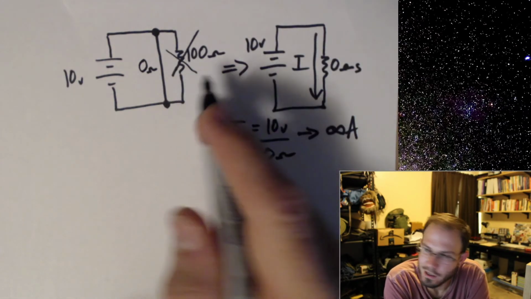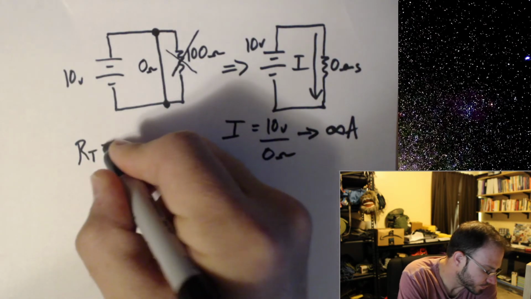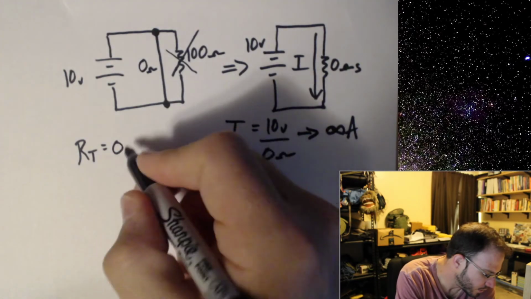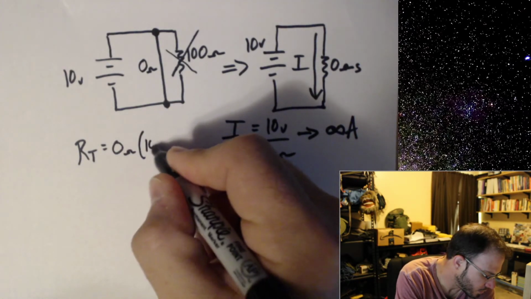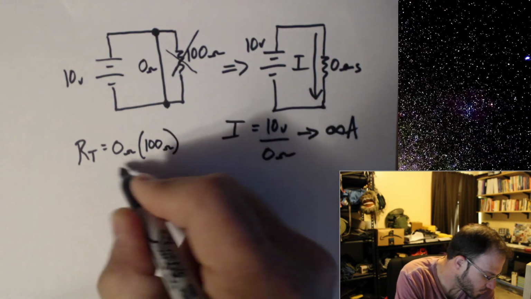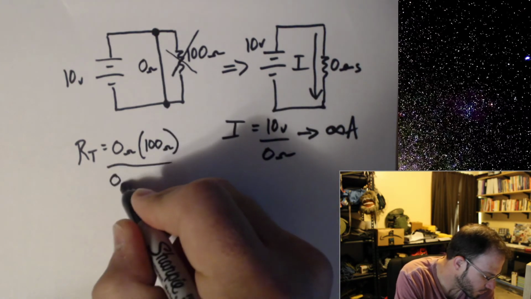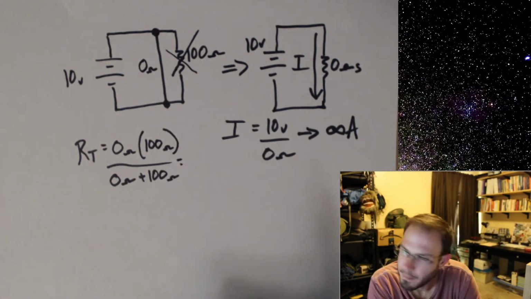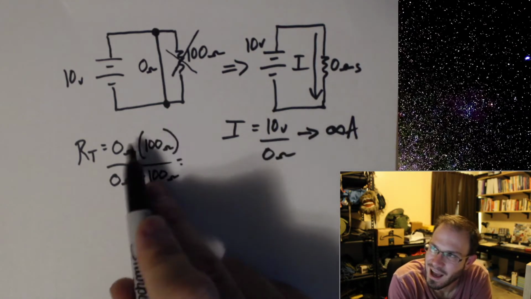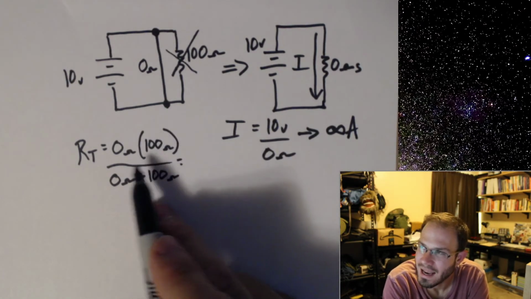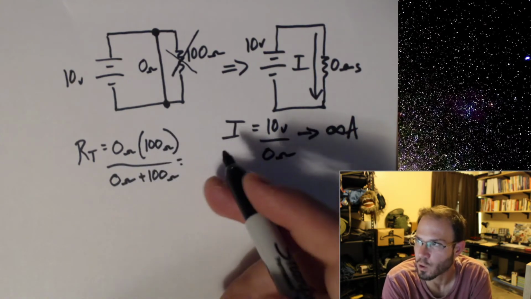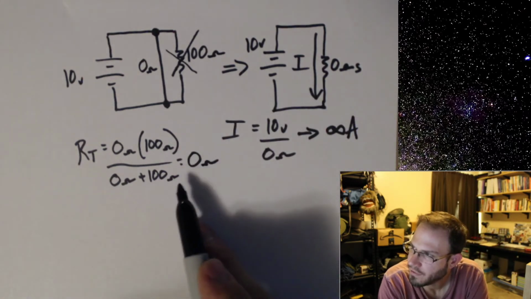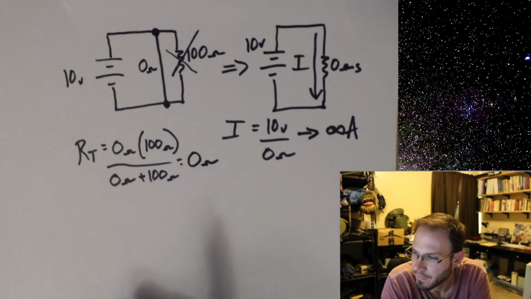So if I wanted to treat this like a total resistance, I could go ahead and say R1 times R2, divided by 0 ohms plus 100. Well, at the top, the numerator ends up getting 0, and anything that you try to divide into it is going to end up giving you 0. So it definitely works with all of our rules that we've done.